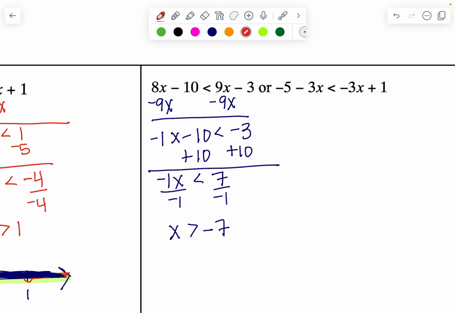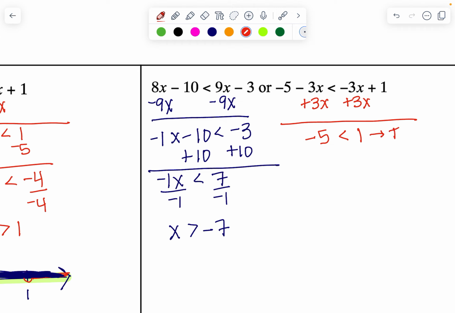Now let's look at the second one here. I'm going to add 3x. And if we notice, when I add my 3x's here, the x's go away. So I'm left with 5 less than 1. So we talked about this last section. If the x's go away and you're left with a true statement like this one, then the answer is all real numbers.